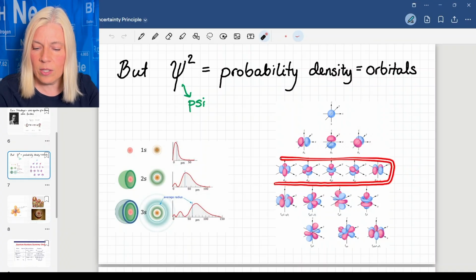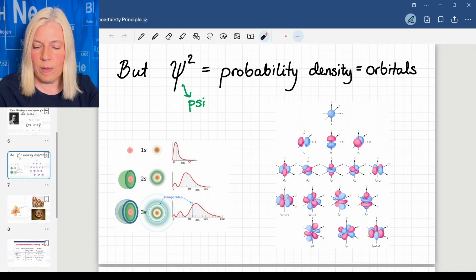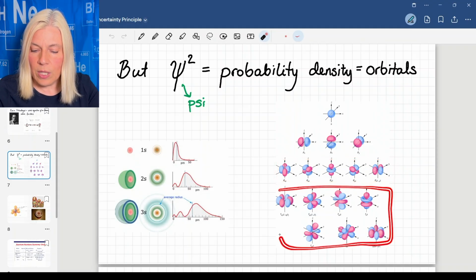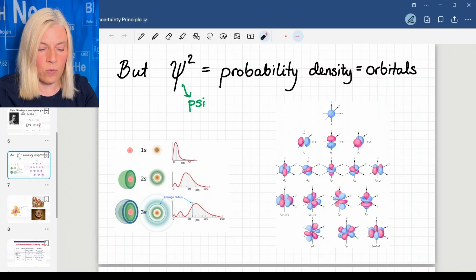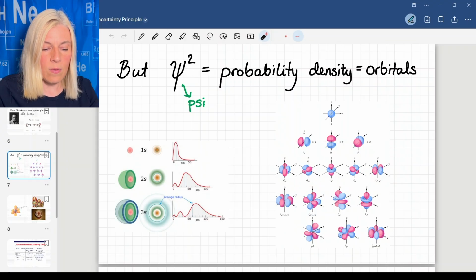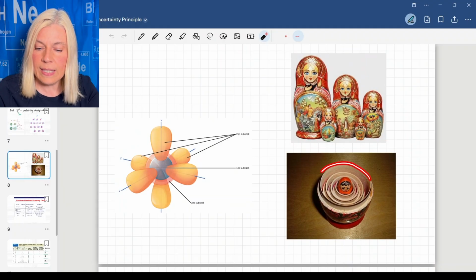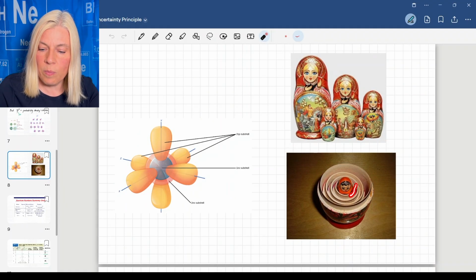Here are some other probability areas. We call them d orbitals. These are f orbitals. He has these 3D shapes of where an electron is to be found. So he recognizes that they are like Russian matryoshka dolls. They stack one into another. And there are areas where probability goes to zero.